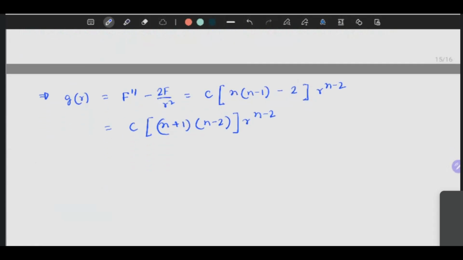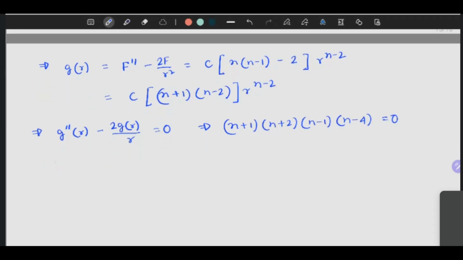Clear? Now if you take g double prime of r minus 2g by r square equals 0, that gives you n plus 1, n minus 2, n minus 1, n minus 4 equals 0. So the values of n will be 1, 2, 4, minus 1.